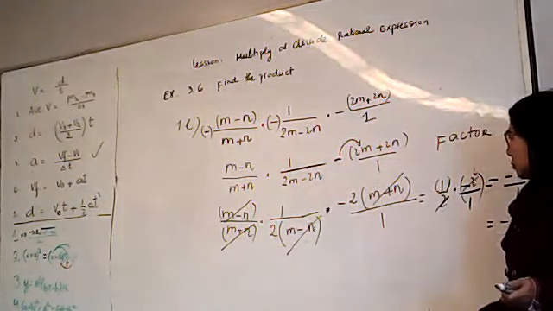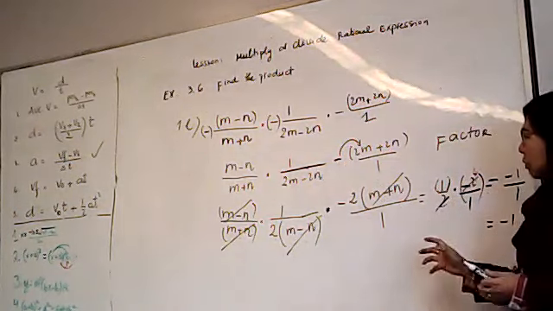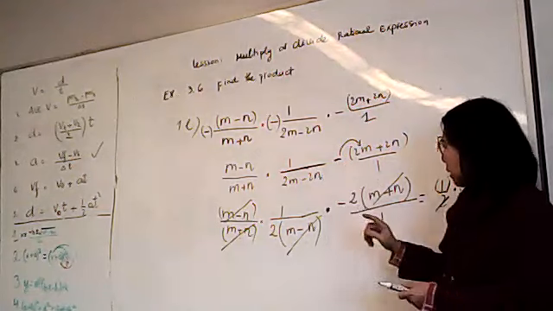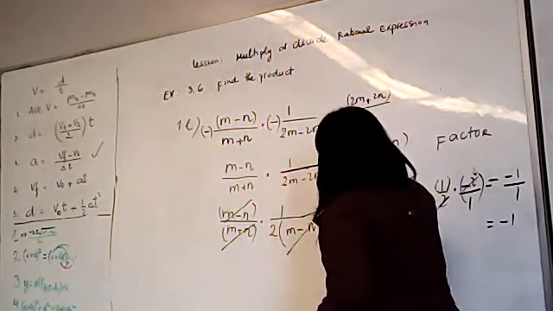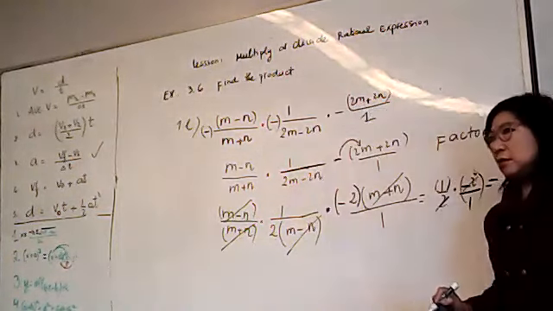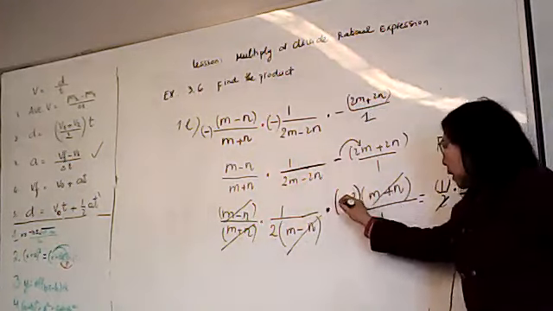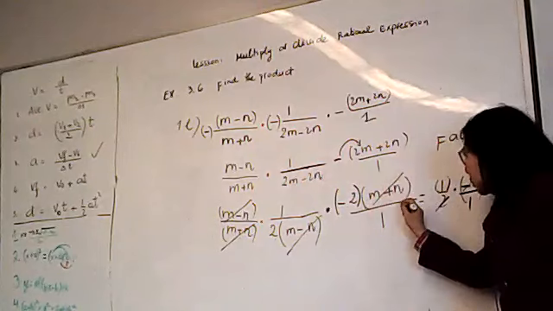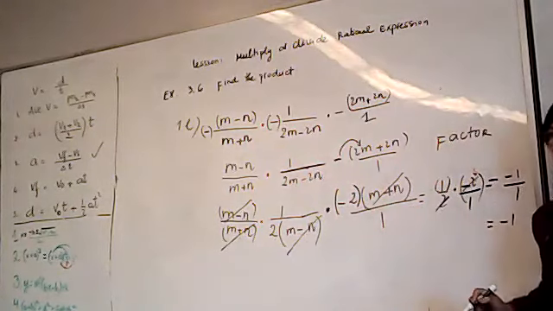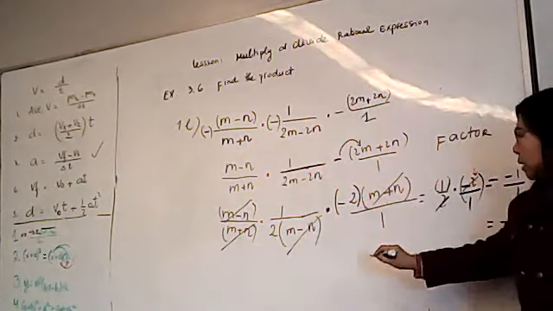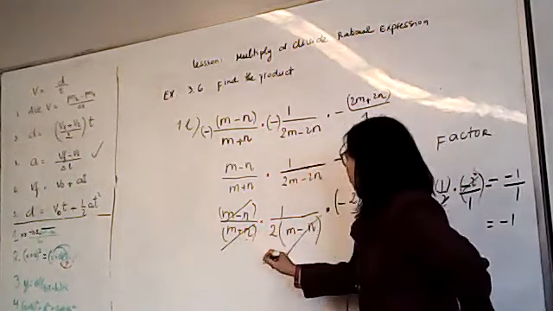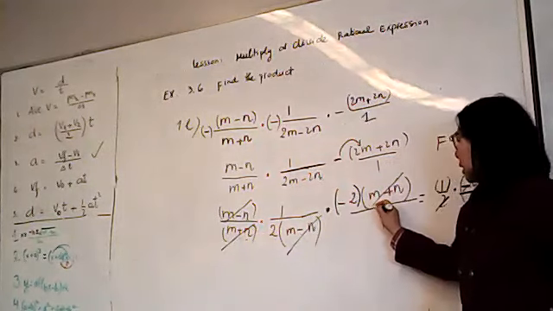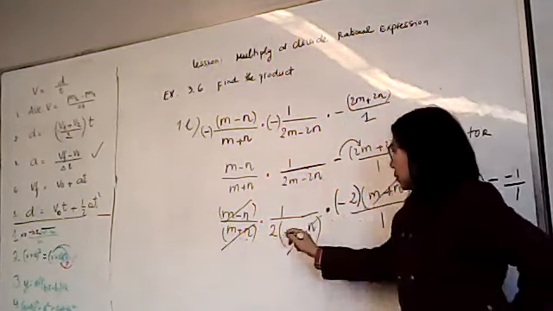Over what? Right? Now I look at it and I say, actually, this means this. You understand this? I can bracket this number like that, times this bracket like that, right? So now I cancel m plus n with m plus n down here because they're exactly the same.